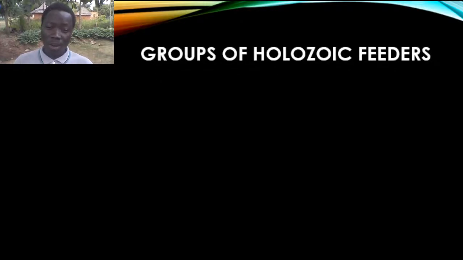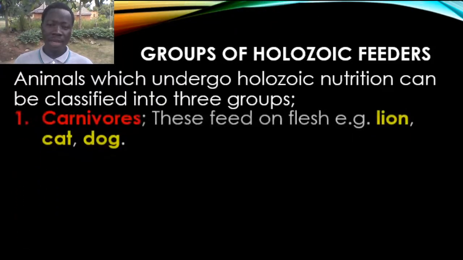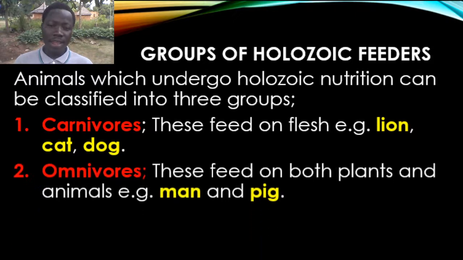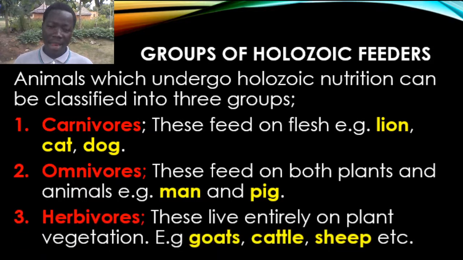But that's not all. Holozoic feeders are categorized into three major groups: the carnivores, the omnivores, and the herbivores. The herbivores, I would like to take it in this way because we should look at the order of feeding. These herbivores feed entirely on plant vegetation.